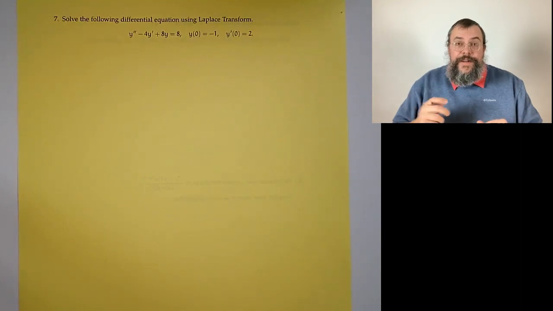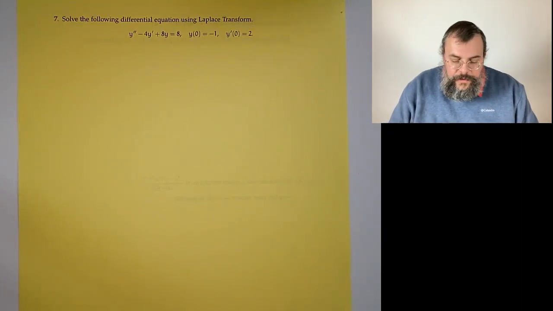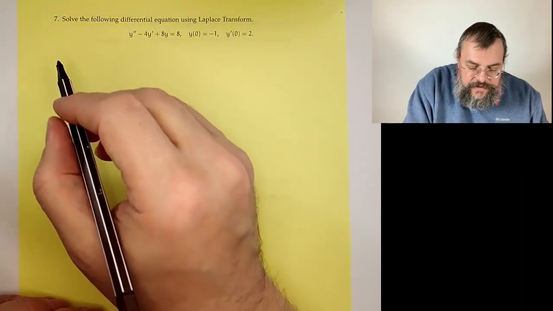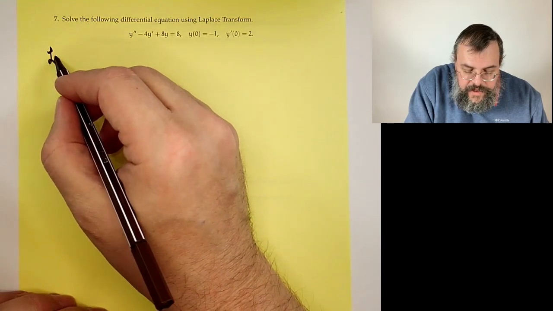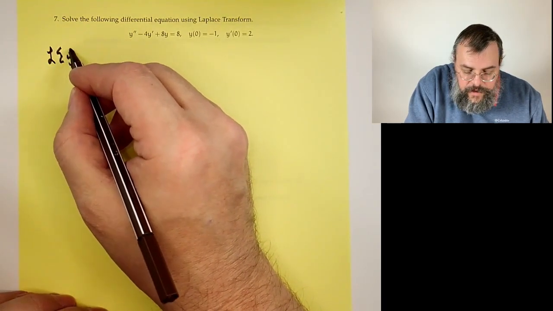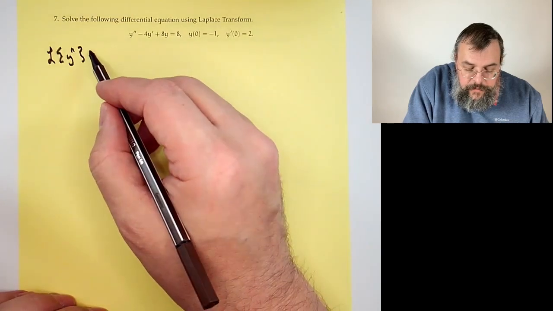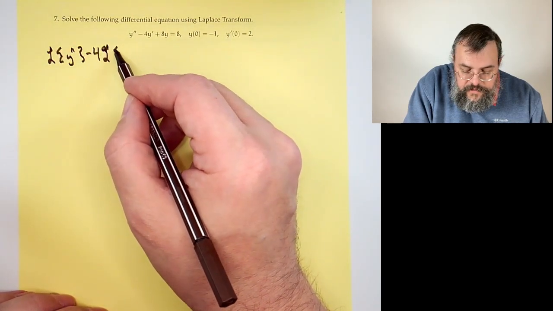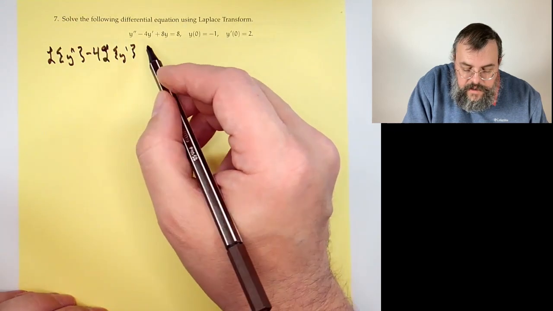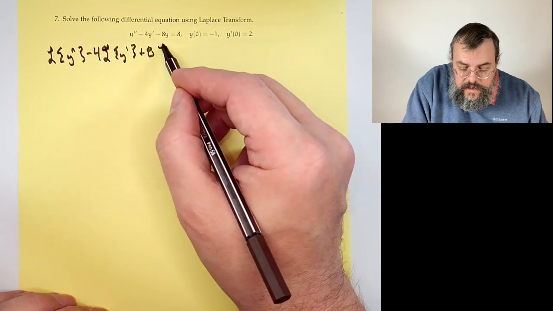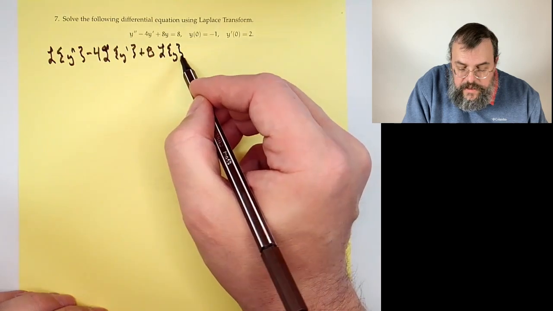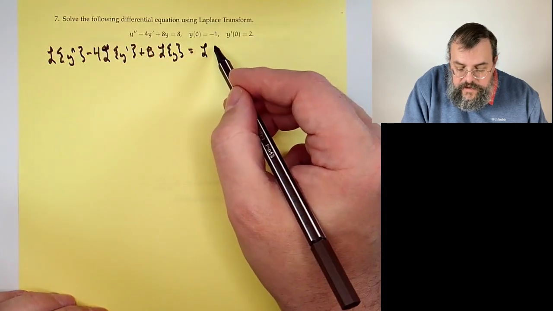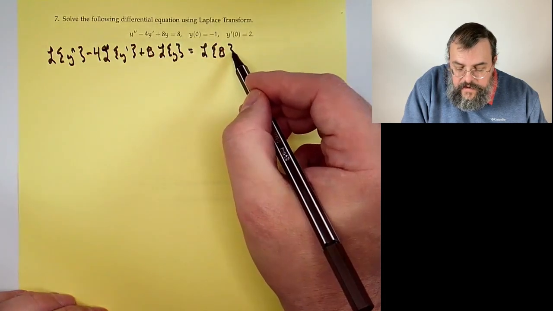Okay, so here we go. We're going to take the Laplace transform of both sides. So Laplace transform of y double prime minus 4 times Laplace transform of y prime plus 8 times Laplace transform of y is equal to the Laplace transform of 8.